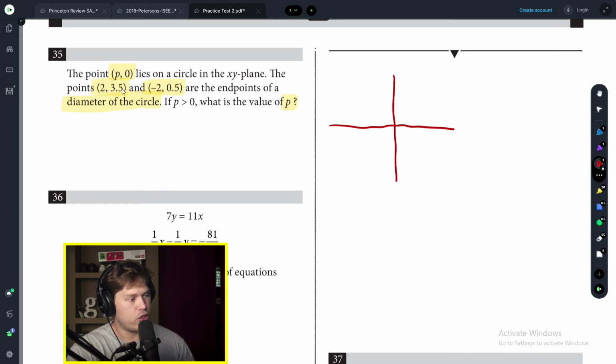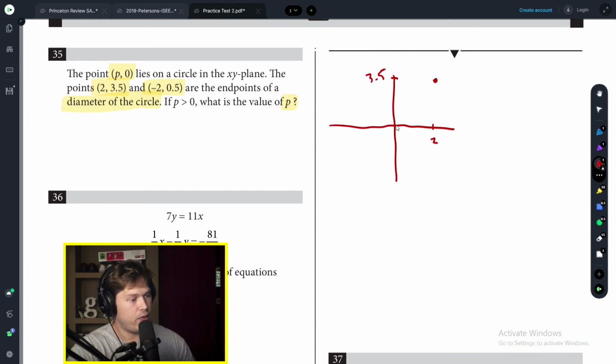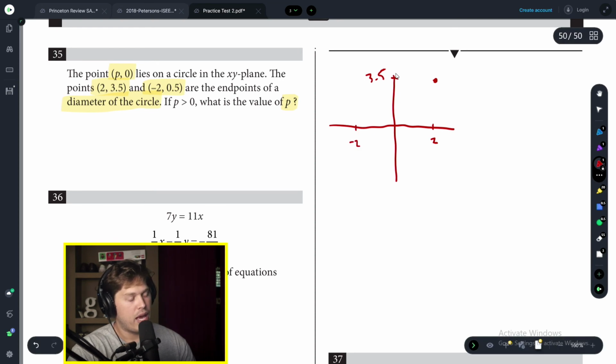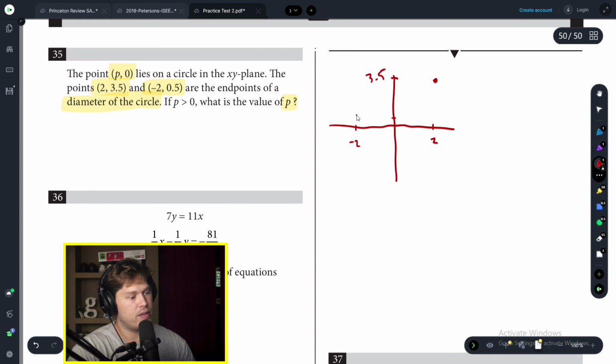I have points (2, 3.5) and (-2, 1/2), and this represents the diameter of our circle.